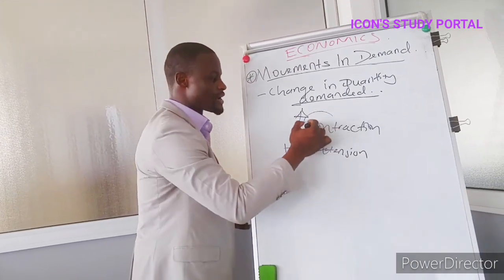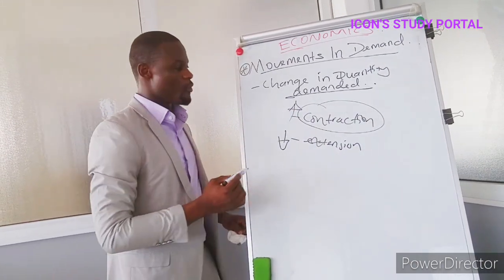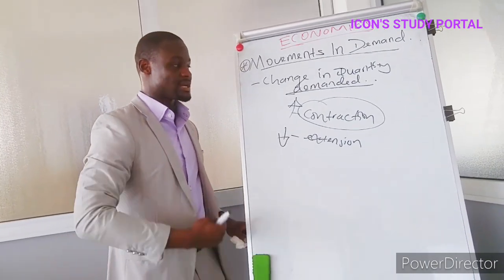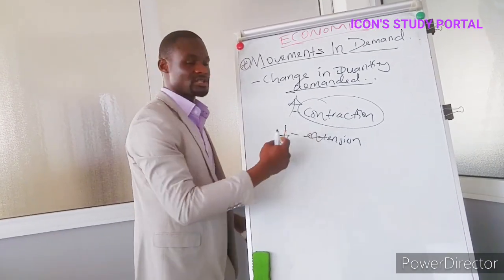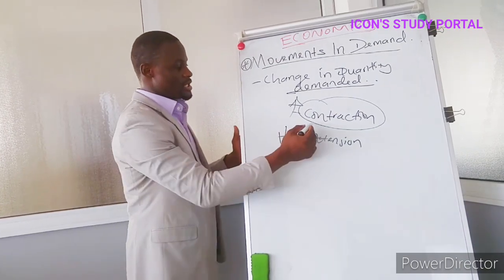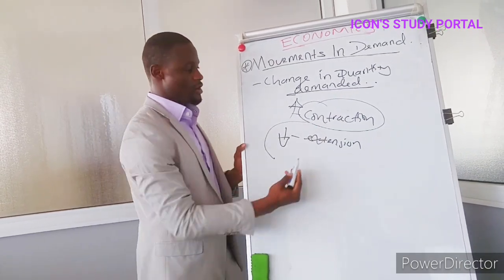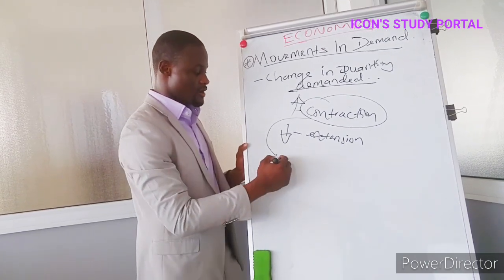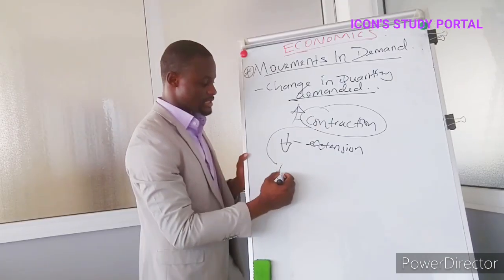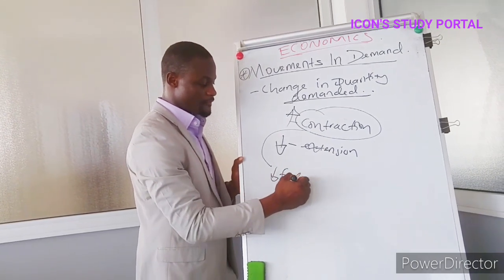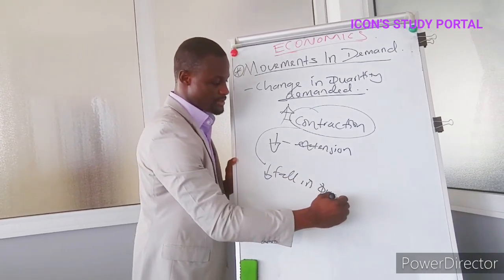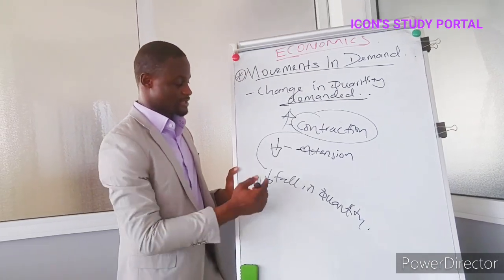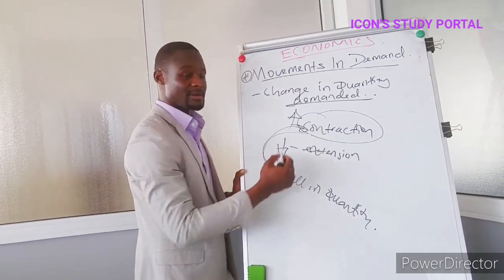Now, what is a contraction in demand, therefore? What brings forth a contraction in demand? A contraction is seen when there is a fall in quantity demanded. When there is a fall in quantity demanded, we establish that there is a contraction in demand.